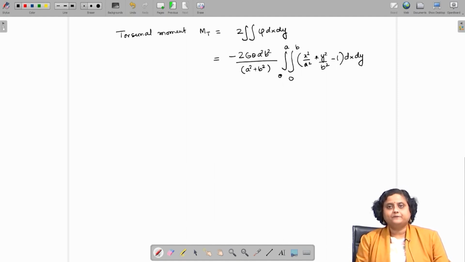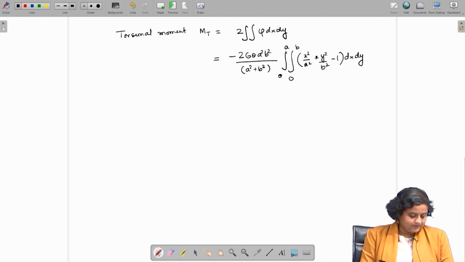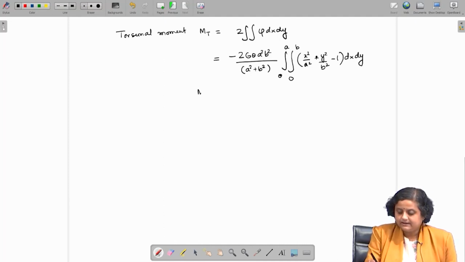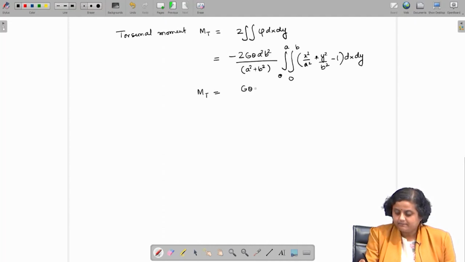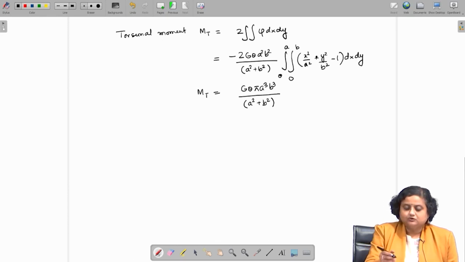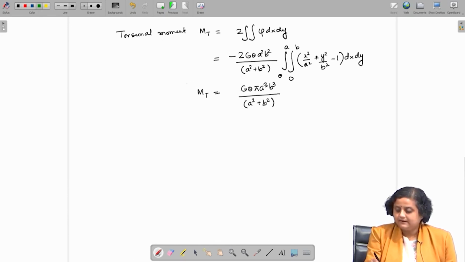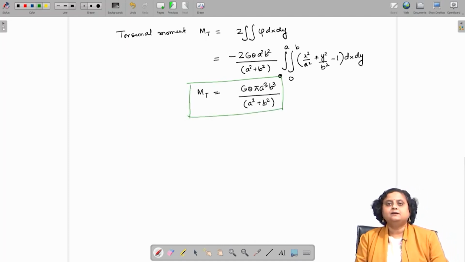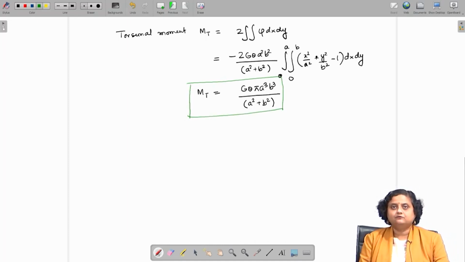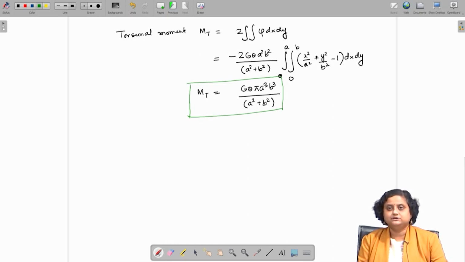Now, if we solve this, you will see that Mt from this expression will be G theta pi a cube b cube by a square plus b square. So, I have evaluated Mt in terms of my stress function, and therefore I have got it in terms of G theta.